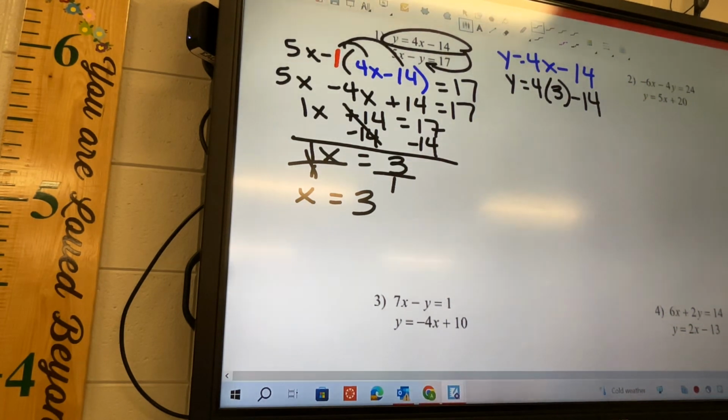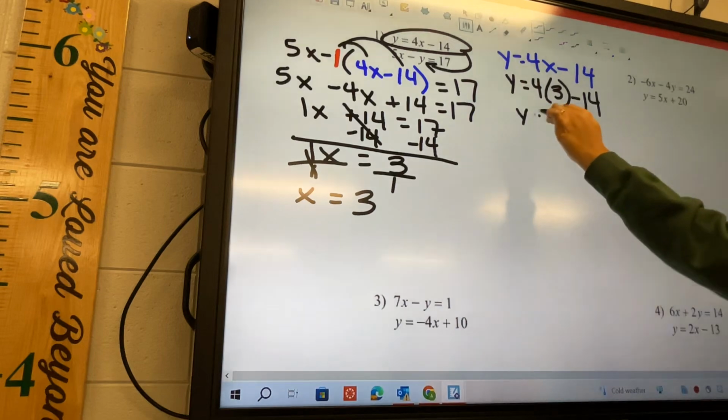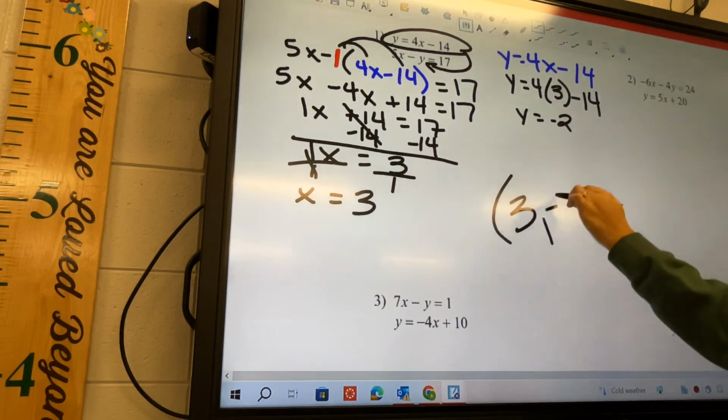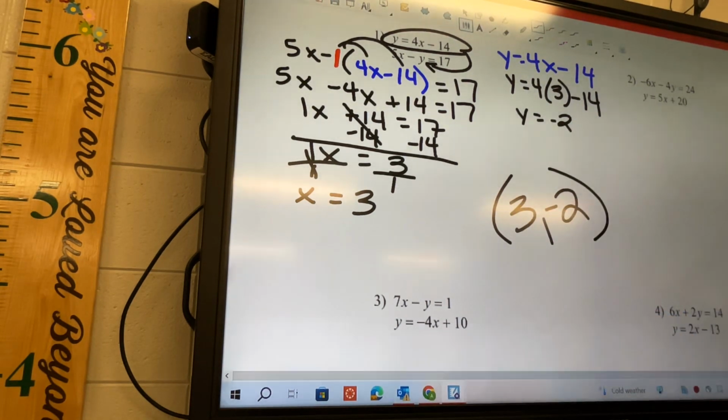Okay, and that you can do on your calculator. You can literally say 4 parenthesis 3, close your parenthesis, minus 14. And what would you get? Negative 2. Okay, and so we'd get y equals negative 2. And so our coordinate then is going to be 3 comma negative 2. Okay, if you remember, the x has to go first and then the y.